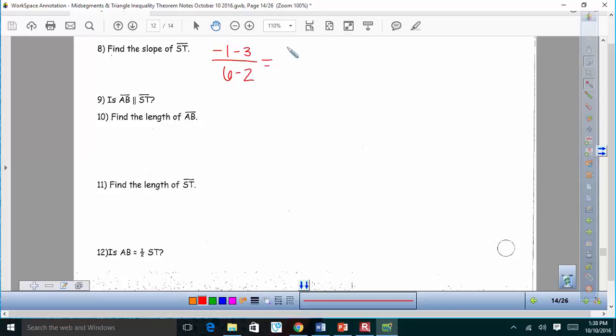So that gives me a negative 4 over a positive 4. And if I divide that, that's going to give me a negative 1. Okay, so if both of our slopes are a negative 1, what does that mean about the two lines? Yes, they're parallel. So we put yes, slopes are the same.